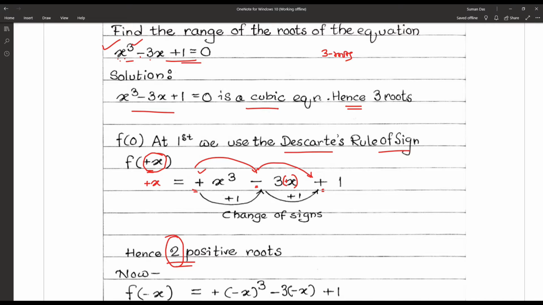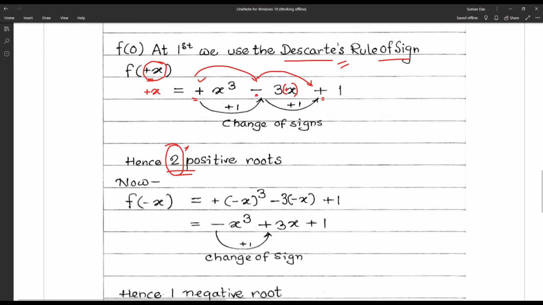Once again, for the plus x there are two changes of sign, so according to Descartes' rule of signs there are two positive roots. Now we use minus x in place of plus x in the polynomial.